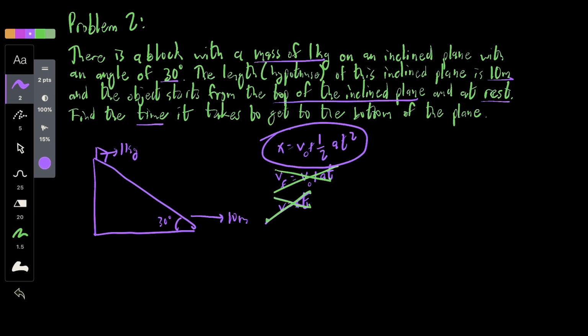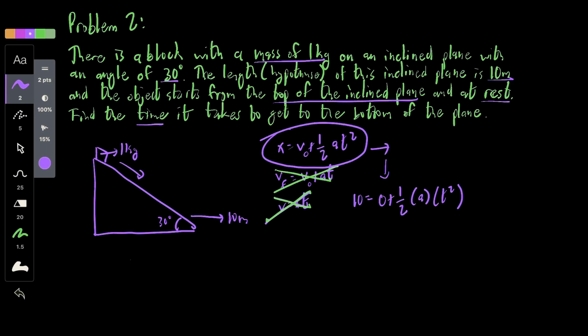So if we plug in the numbers, what we already have, our distance is 10, so we have 10 is equal to 0 plus 1/2 times our acceleration times time squared. Now, let's find out this acceleration. Our acceleration is the acceleration that is parallel to this incline, down the ramp.